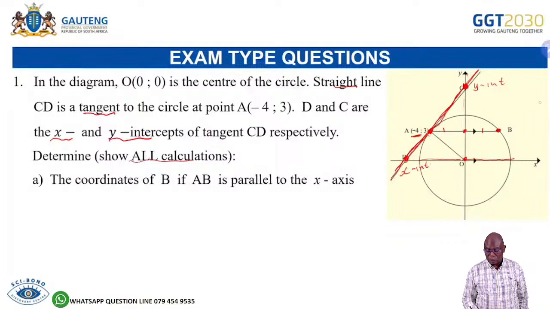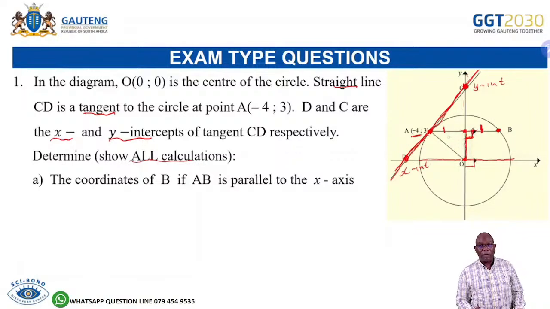If you take theorem number 1 in grade 11, the line from the center of the circle perpendicular to the chord, if this line is parallel to that, this angle and that angle are equal, they're 90 degrees. So that line, if it's perpendicular to the chord, bisects the chord. So the distances from here to there and from there to there will be equal.